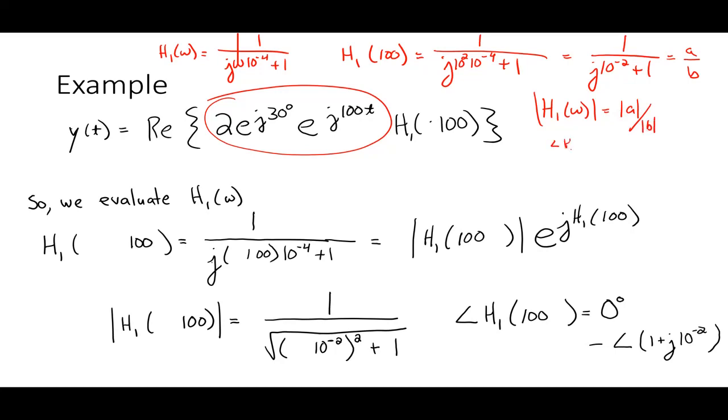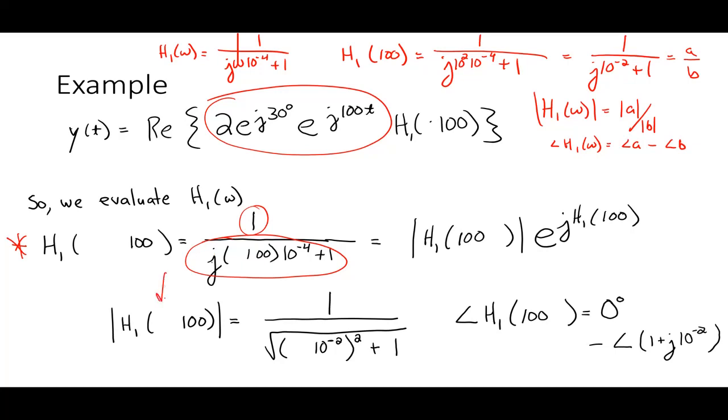And I can say that the angle of h1 of omega is equal to the angle of a minus the angle of b. So here, down at the bottom, I calculate those two things. The magnitude of h1 at 100 is the magnitude of the top over the magnitude of the bottom.